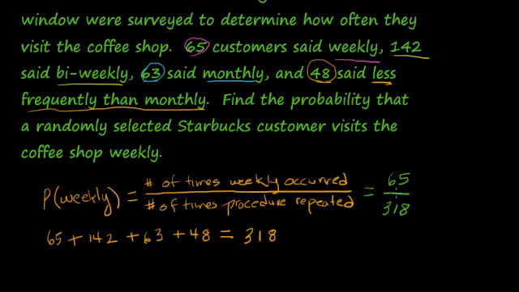So again, if we're asked to give that as a decimal, we'd have 0.2044, something like that. It just depends, and we could be asked to round that to 3 decimal places, or leave it at 4 decimal places. But in this case, they did not tell us that denominator, right? We had to figure that out by adding up the total number of responses that were given for the survey.